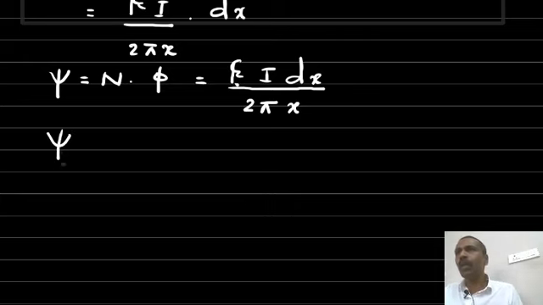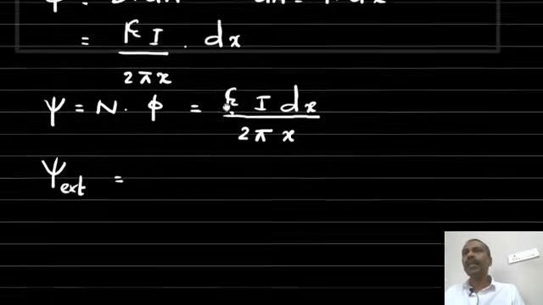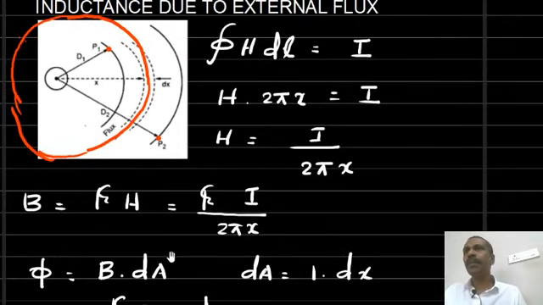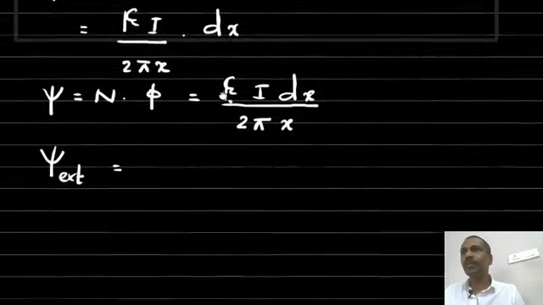What is the total external flux? We need to integrate it. And when we integrate it, we need to consider the 2 points P1 and P2. We have to integrate it from the point P1 to P2. So we'll get the total flux linkage.